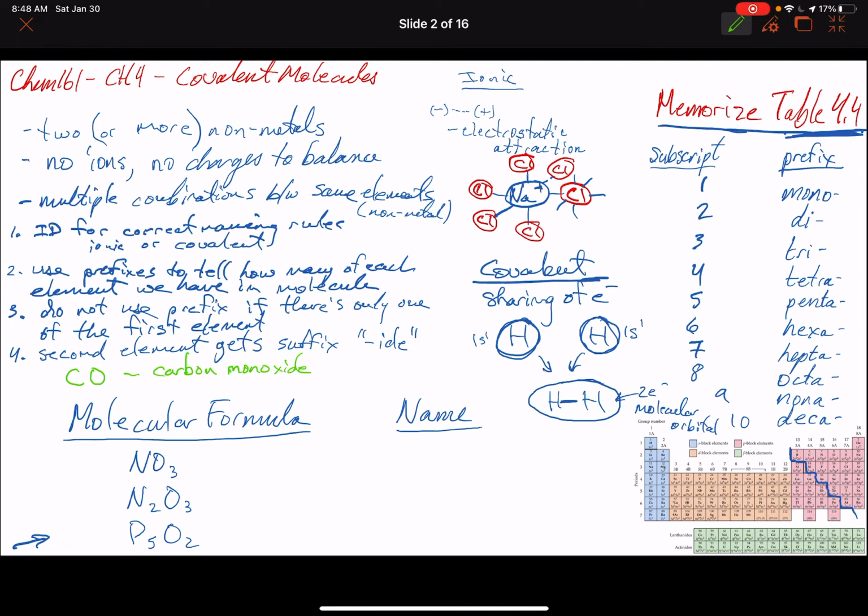Okay. Another example there could be CO2, a cousin molecule. You see we've got subscript 2 on the oxygen. And so the naming here, we're not going to use a prefix on the first element. So we're not going to say monocarbon something or other. That's incorrect. On the first element, we don't put prefixes. So carbon.